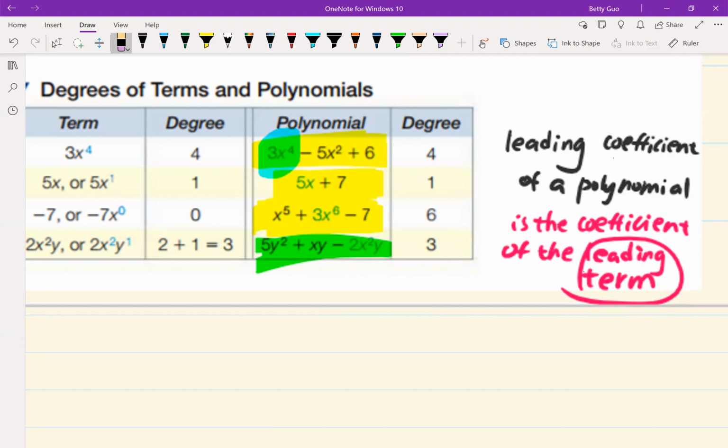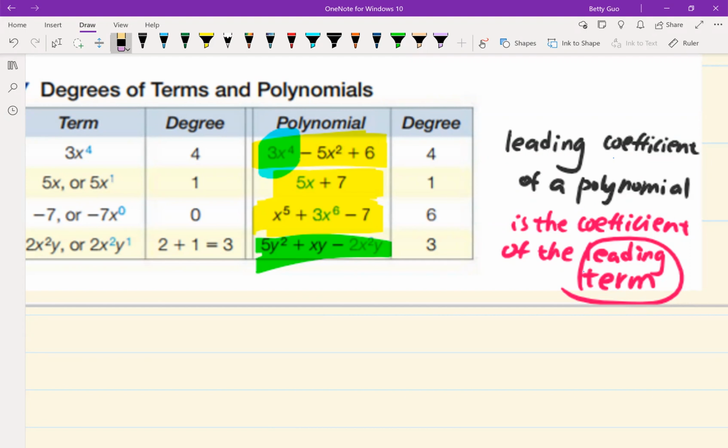For example, let's look at this one: 3x to the power 4 minus 5x squared plus 6. How many terms? 3. Are those terms monomials? 3 parts, right? Coefficient, base, degree. Remember, a constant is a monomial with degree 0, right?